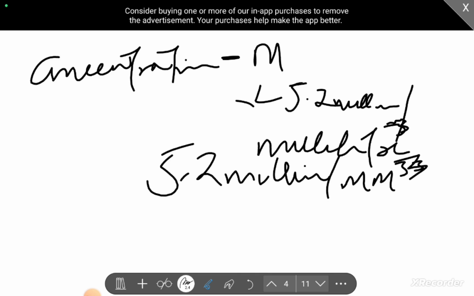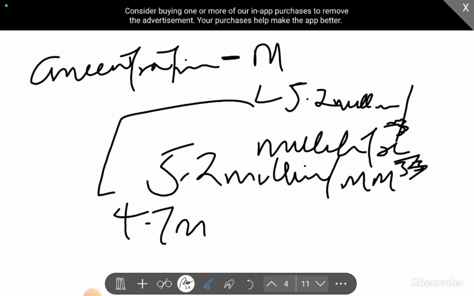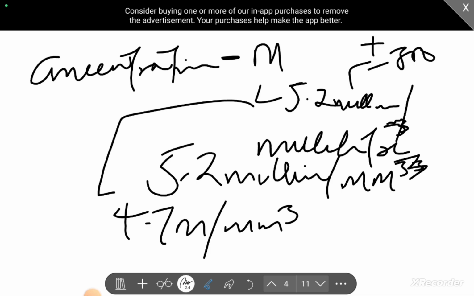However, in females, the concentration is about 4.7 million per millimeter cube. Looking at this, it is not an absolute value. It could be 5.2 million plus or minus 300,000.